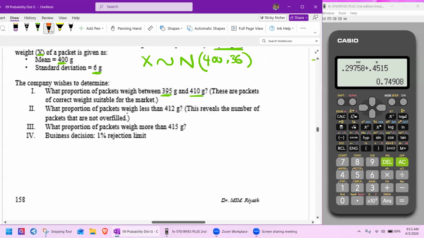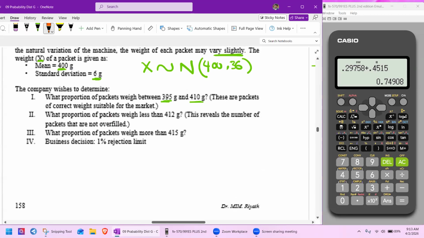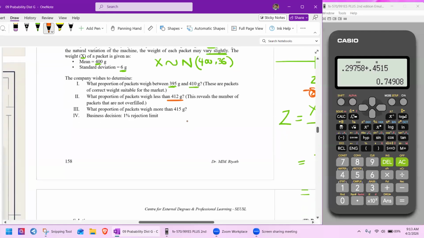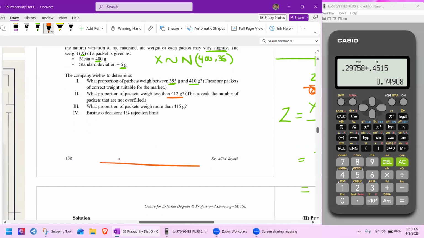What proportion of packets weigh less than 412? Less than 412. Less means what? Here we sketch. We know that this is the 400 mean and 412 should be here on the right side.